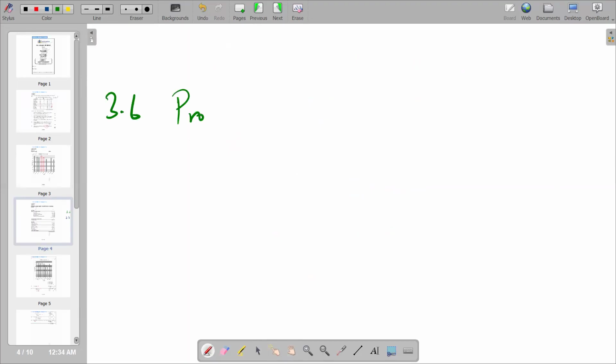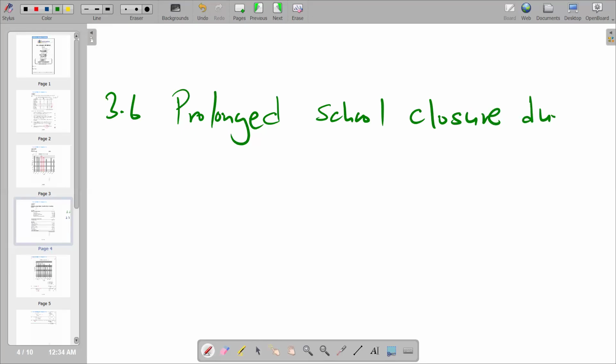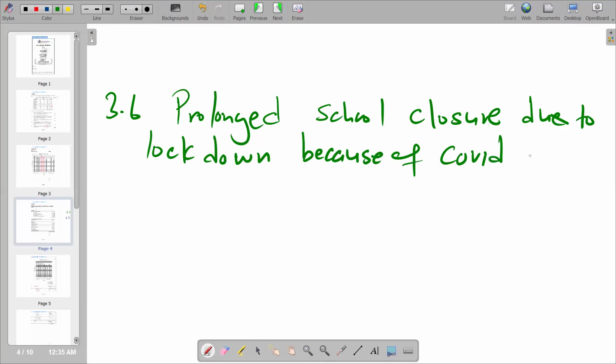We can bring it down as prolonged school closure due to lockdown because of COVID-19. So basically, that's what we have on 3.6, and this becomes the last part that we have according to this question 3.